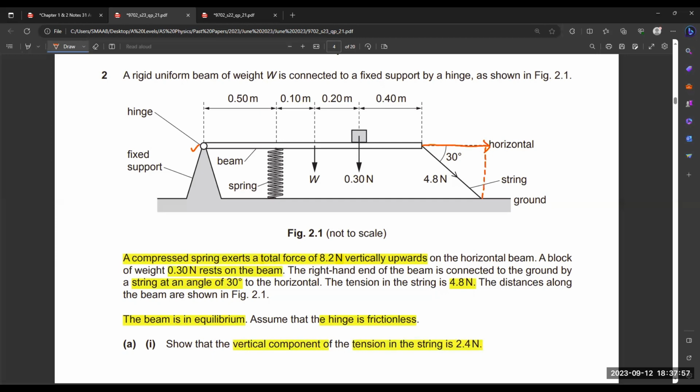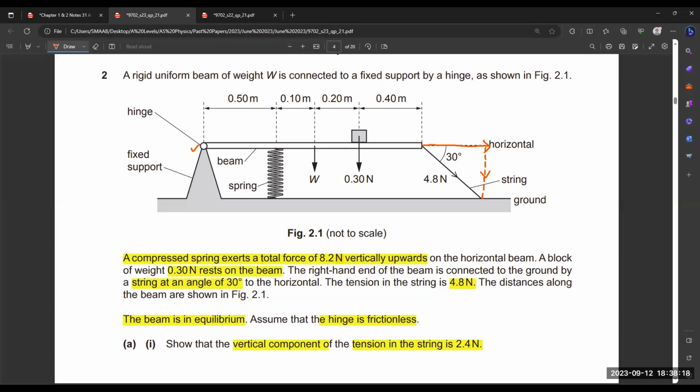And this will be the vertical component, okay? And it will make a right angle triangle. And they mentioned that the tension in the string is 4.8 and it is at a 30-degree angle, okay? So we have to find out the vertical component only.